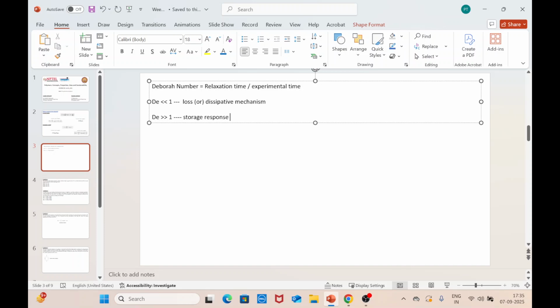We have discussed in the previous sessions how temperature is an important parameter that affects how the polymer behaves. Here we will be discussing the same thing, but from the perspective of viscoelasticity.